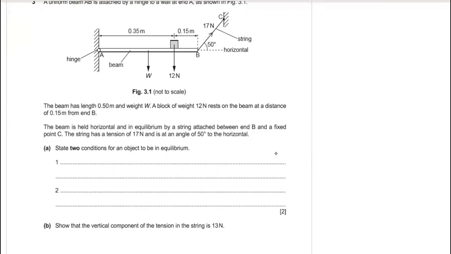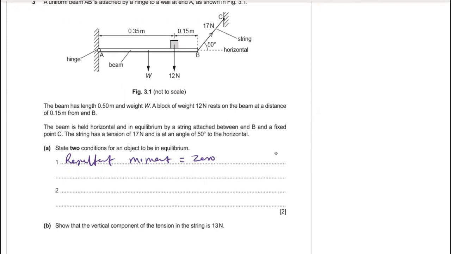Now, for an object to be in equilibrium, the resultant moment must be equal to 0. Some students always make a mistake and say that the moment must be equal to 0. That would be wrong. The resultant moment must be equal to 0.